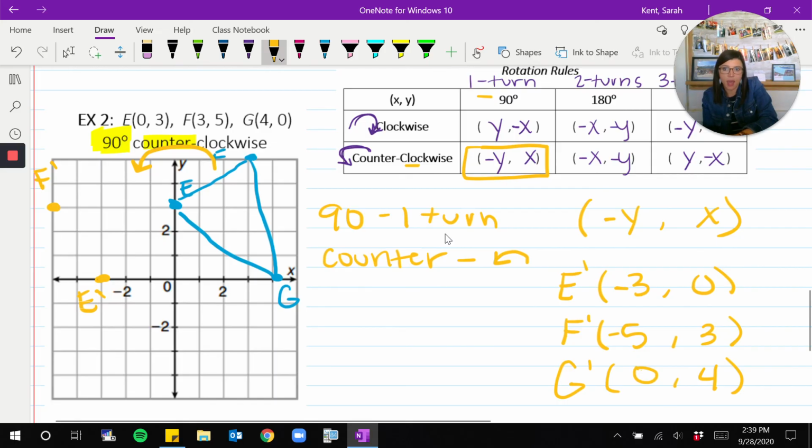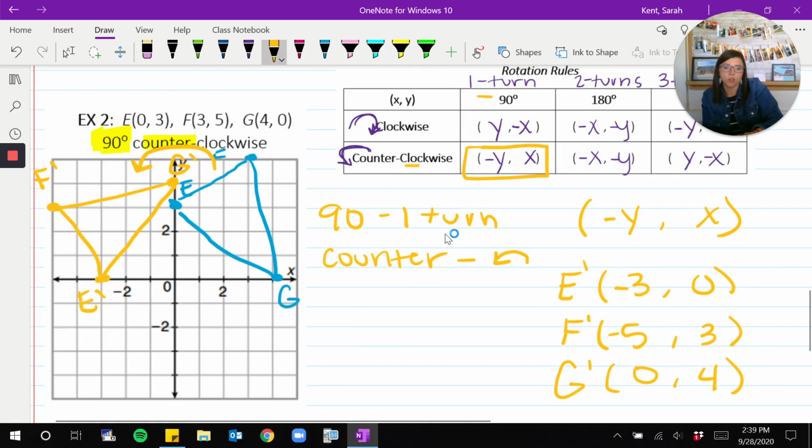So again, that F made one turn. And then my last point is G over 0, up 4. This is my new G. So again, here's my new triangle. And you can see here, it's just like I took this F and I pulled it down 1.